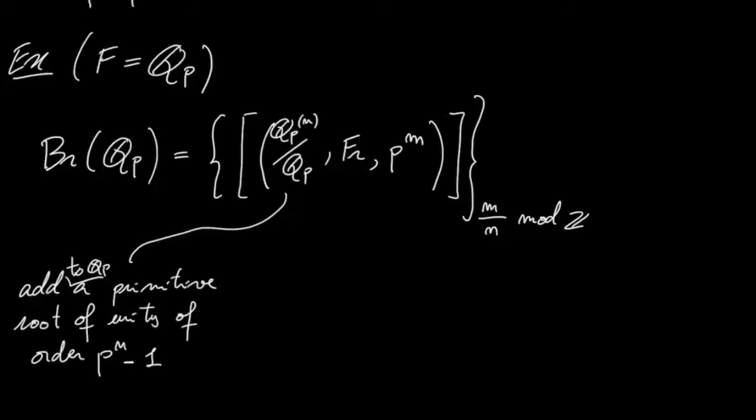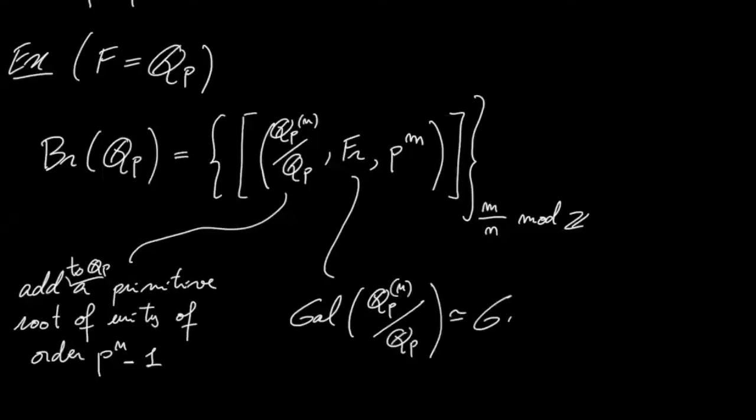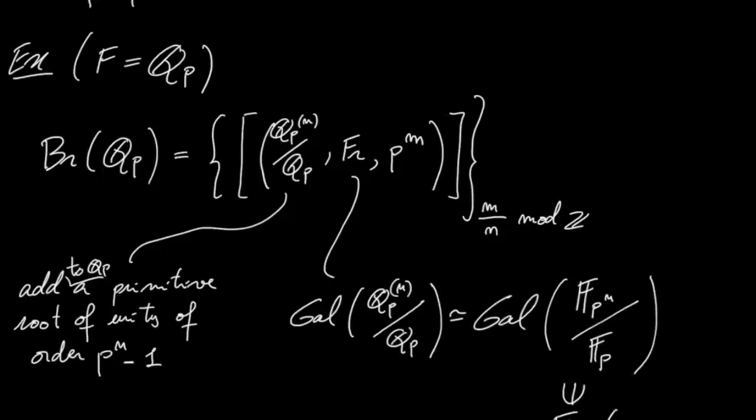So this is what is usually called the unique unramified extension of the p-adic numbers of degree n. Then how about the Frobenius? It turns out that the Galois group of this field extension, it's isomorphic to the Galois group between finite fields, so going from F_{p^n} to F_p. And this Galois group, actually here, there is a canonical element, the Frobenius, which sends an element, it raises it to the pth power.